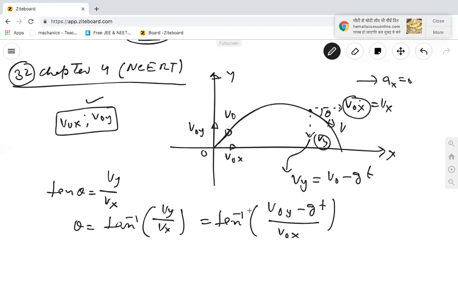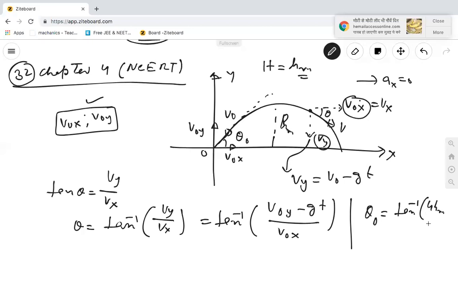Then he says, what is the initial angle of projectile motion in terms of hm? He calls this hm. We just write it h, but in the question he says hm means maximum height. And the answer he writes says theta 0, the initial angle with which it is launched, is tan inverse 4hm by r.